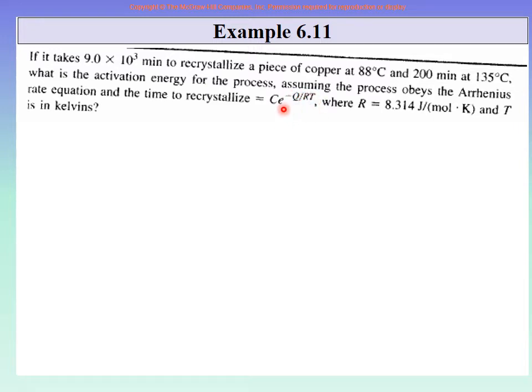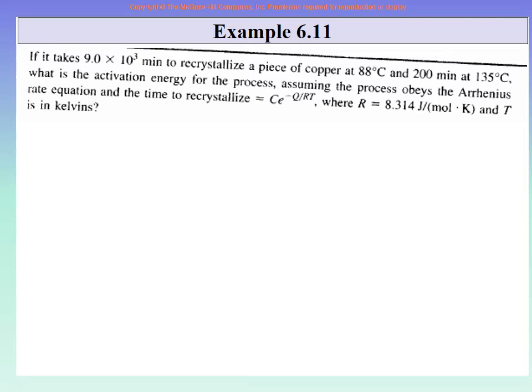And from there, now e raised to some number is there. If you take the natural log, ln, of the left side and of the right side, then ln and e cancel out, and then you have a normal equation, and from there you will solve it. So this is basically not a big problem in materials.